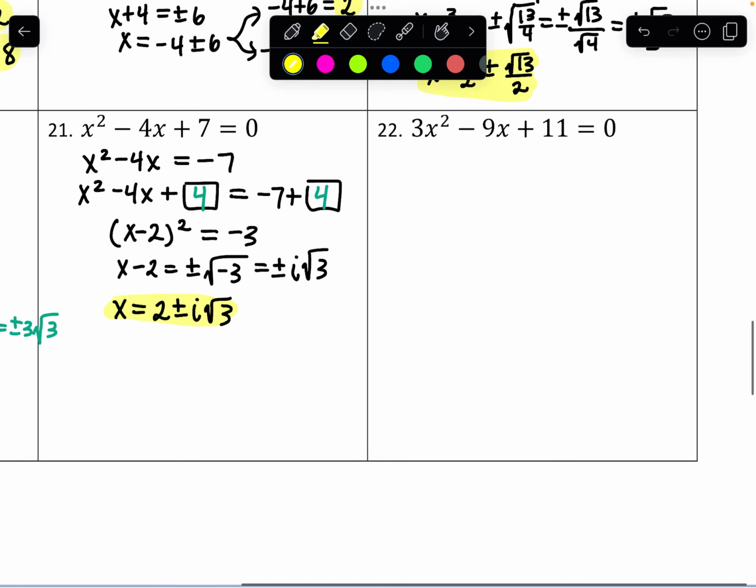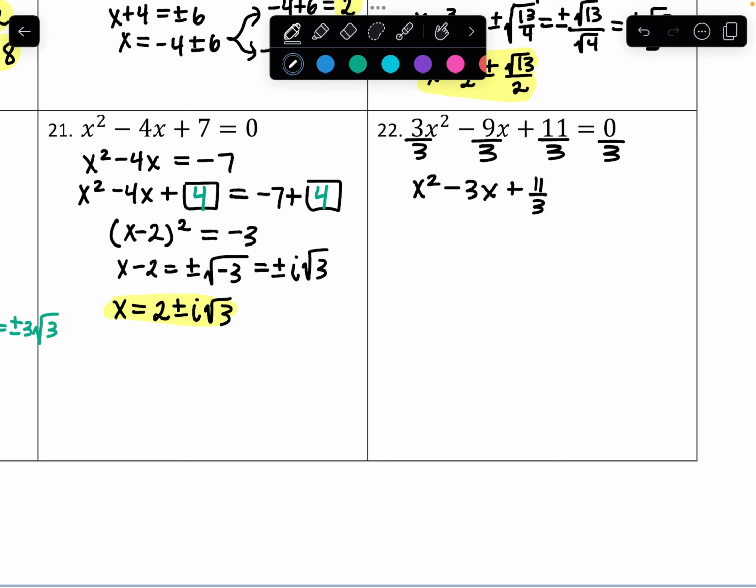And then for the last one, we still need to divide everything by 3, even if we don't get nice numbers. And so here we get x^2 - 3x + 11/3 = 0. And then we need to move the 11/3 over.